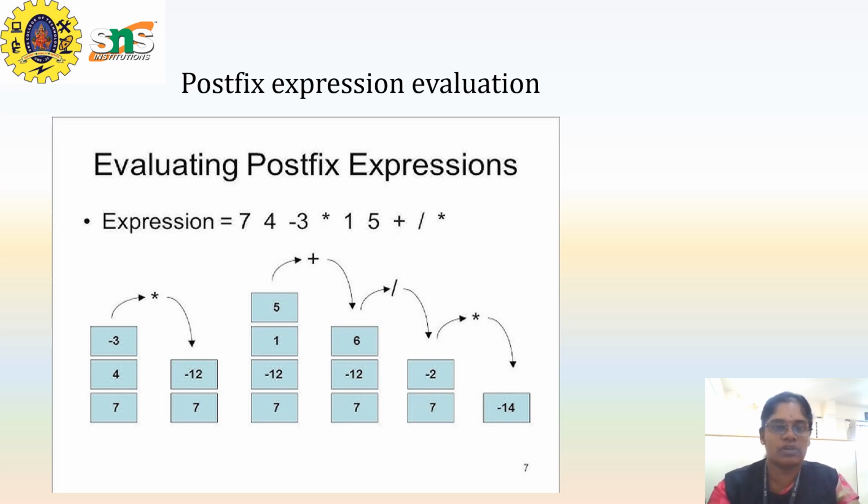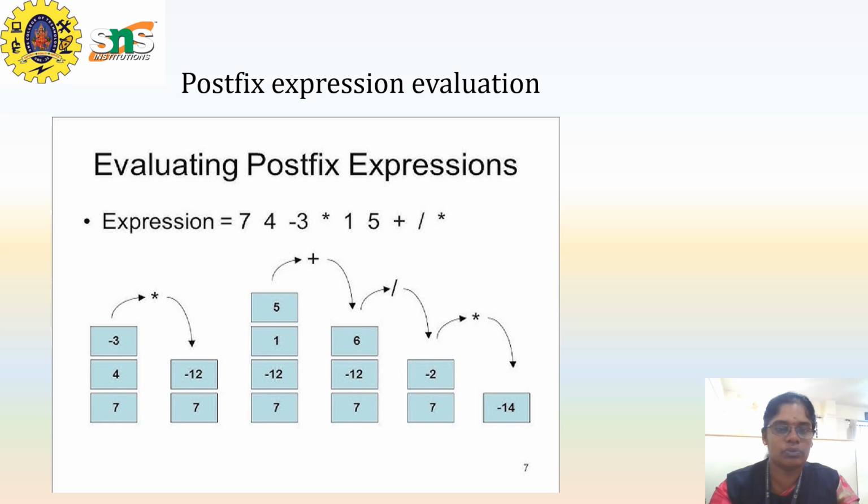Postfix expression evaluation. The first example expression is 7 4 minus 3 into 1 5 plus division and multiplication. These are the expressions, and we have to follow the notations. First, 7, 4 and minus 3 go into the stack.